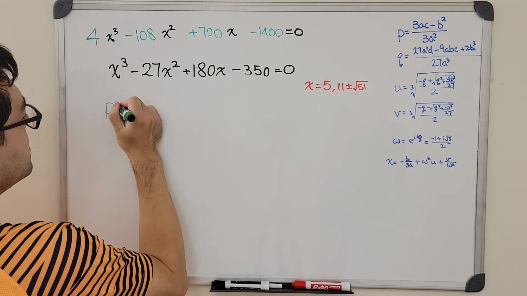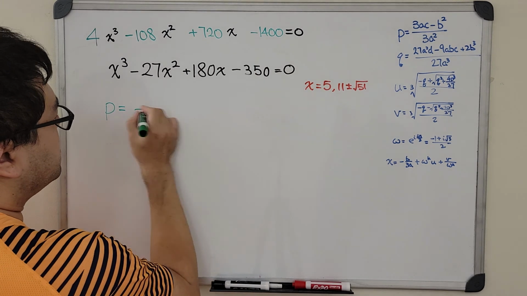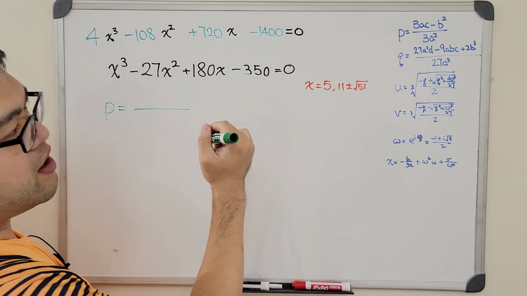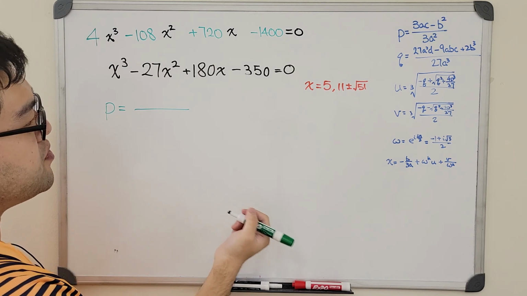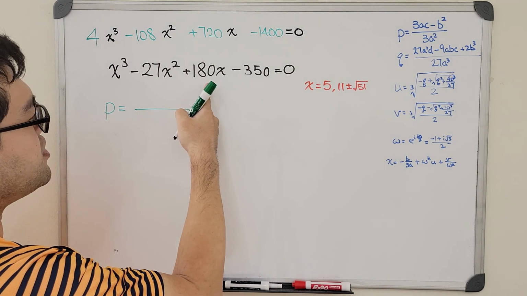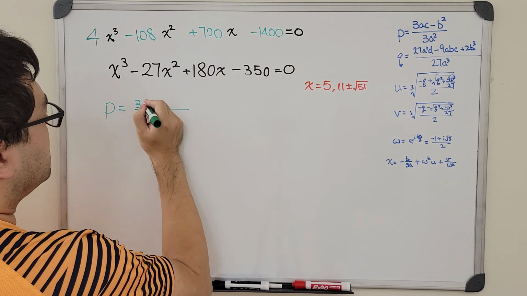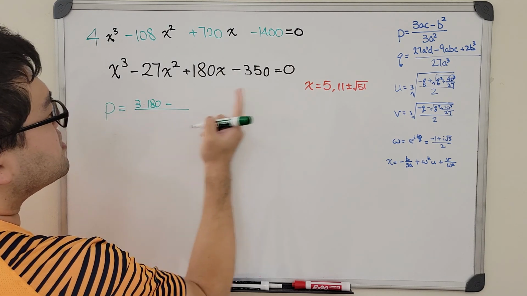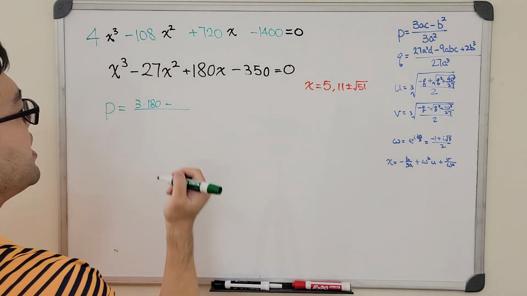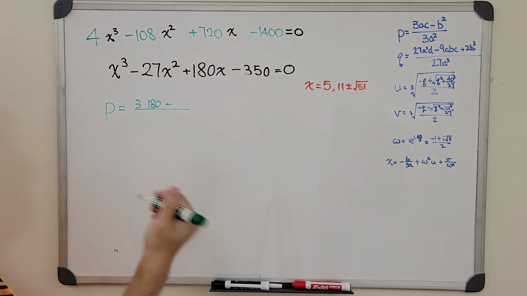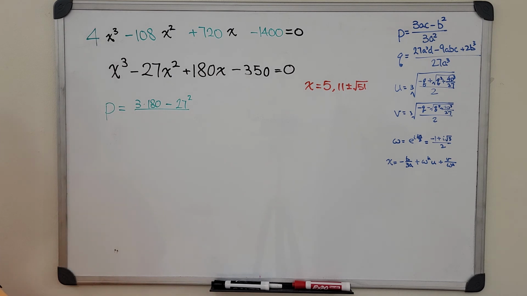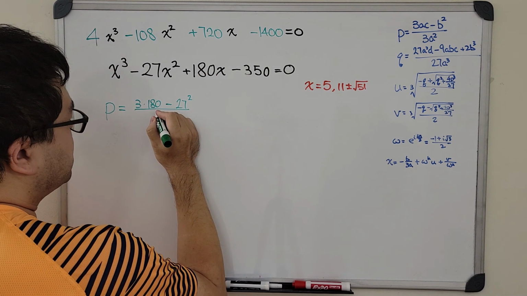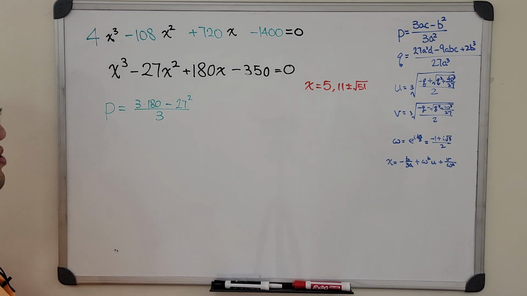So in this case, we will have p is equal to, let's see, we have 3ac, where a is 1, so we have 3 times 1, which is 3, times c, which is 180, minus b squared, where b is negative 27, so let's write it as 27 squared, over 3a squared, where a again is just equal to 1.